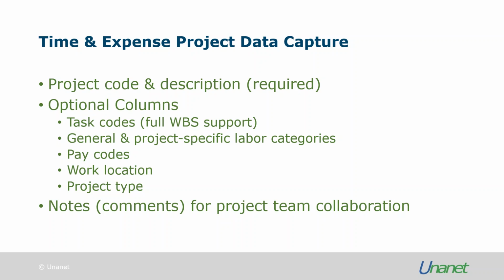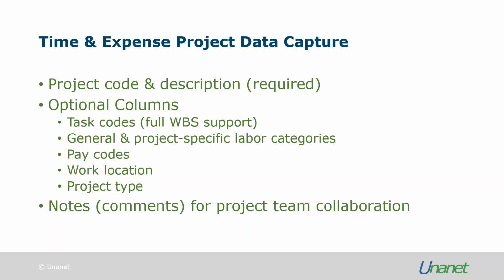You can also have general and project-specific labor categories. You can expose a pay code column, a work location column, and even a project type column. Now, those are optional columns. All of those things could be defaulted from a table somewhere in the system. The most common timesheet exposure you'll see, and the one you'll see today in our demo system, is project code and task.